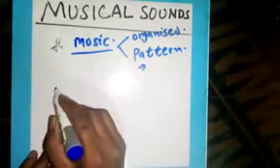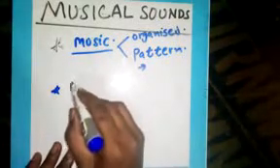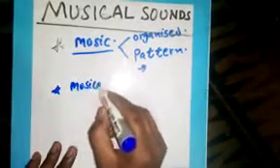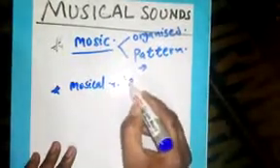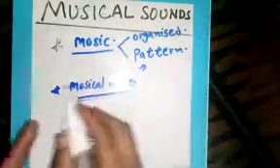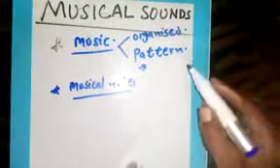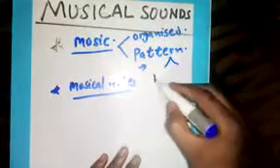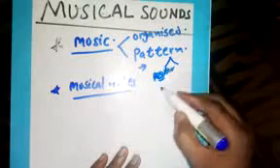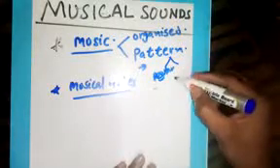Now look here, we have another term which we call musical notes. I said music is an organized sound which is in a pattern. Now this pattern can be either a regular pattern, that means they are in order, or an irregular pattern.